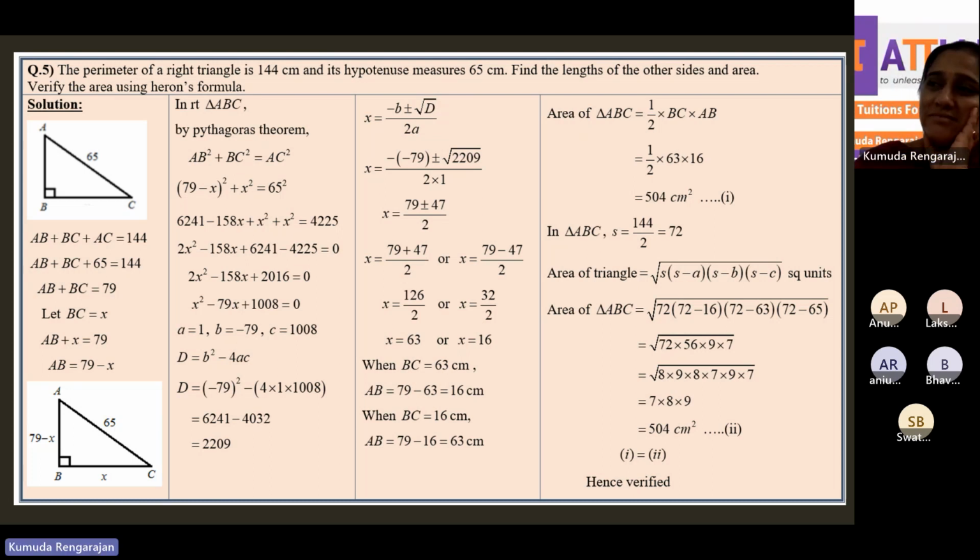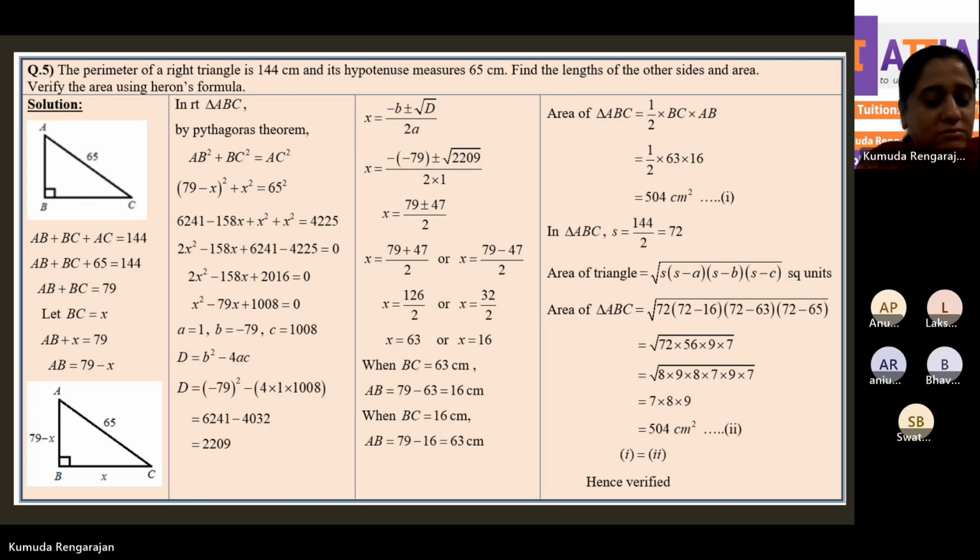Blessy, understood. Friends here. Boys. Done, online students? Swati, Bhavishya, Laksha, Aniruddhan. Done, ma'am. Not yet, ma'am.